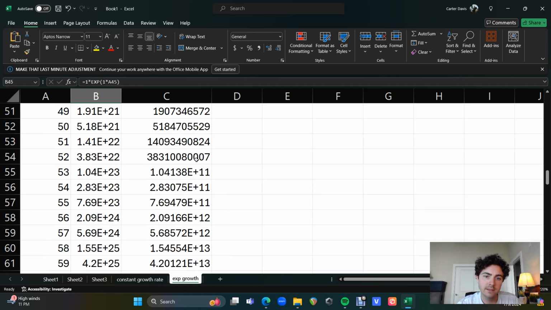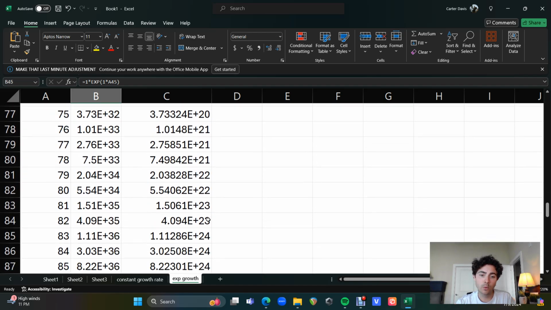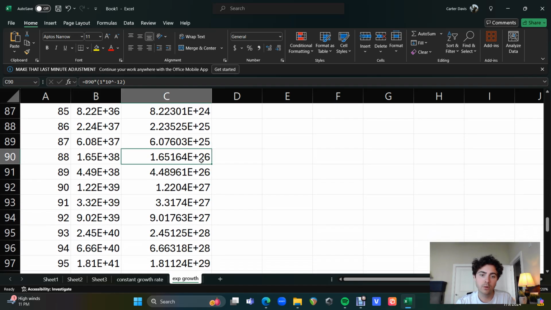So we can start seeing these numbers rise. I hope it's clear that E plus 11, E plus 12, that means 2.09 times 10 to the 12th. This means 4.2 times 10 to the 13th. So we want 10 to the 26th. So we're scrolling through. We see 10 to the 26th here.